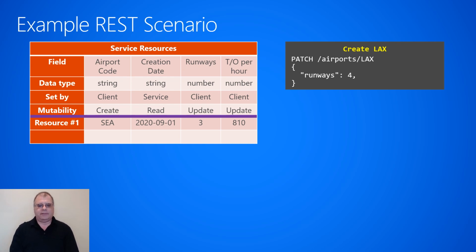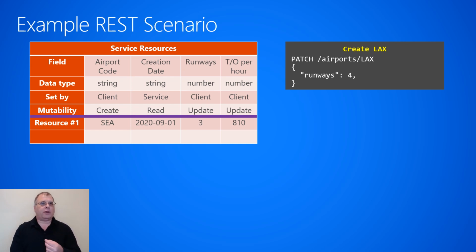My next piece of information that I record about each field is whether that field is set by the client, which is true in the case of the airport code, the runways, and the takeoffs per hour, or whether that field is set by the service when the resource is created or managed by the service. And then I have this mutability row. The mutability row I'll talk more about on the next slide, but I'm indicating here that if a field is marked as create, that means that field has to be specified at creation time.